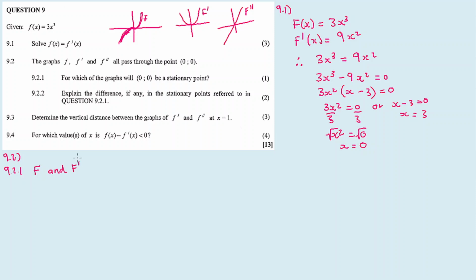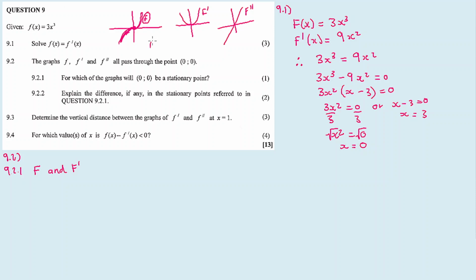Now, you may be wondering what exactly a stationary point is. A stationary point is the point where your graph is not increasing, and not decreasing either. In other words, the derivative of your graph is equal to 0. For instance, f has a stationary point at the origin, because the graph is not increasing and not decreasing, right?